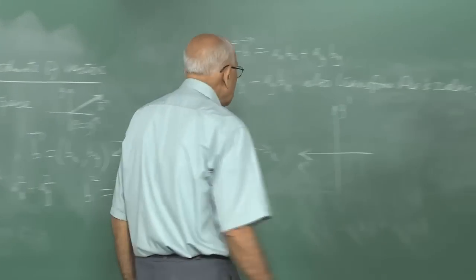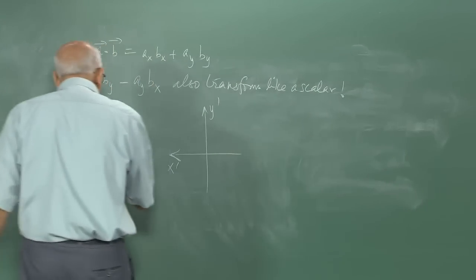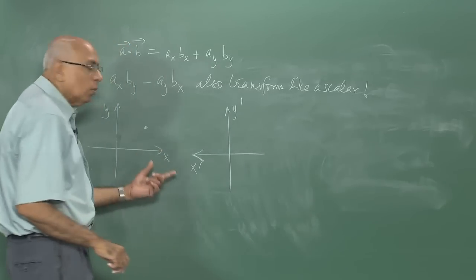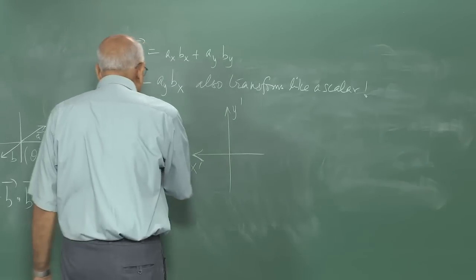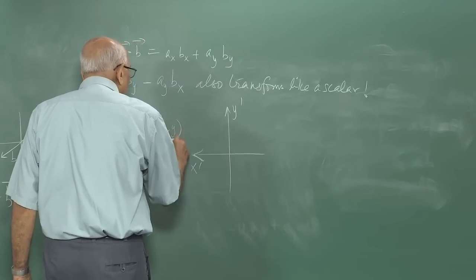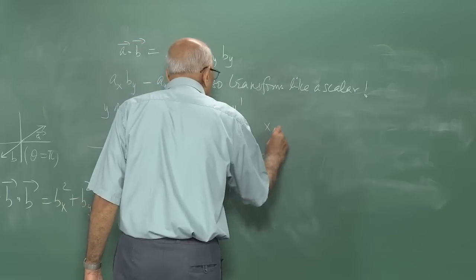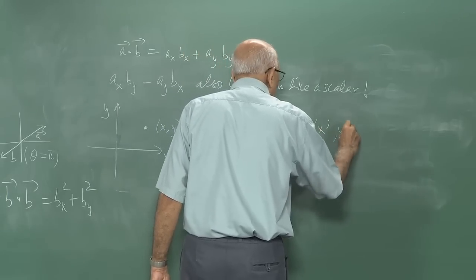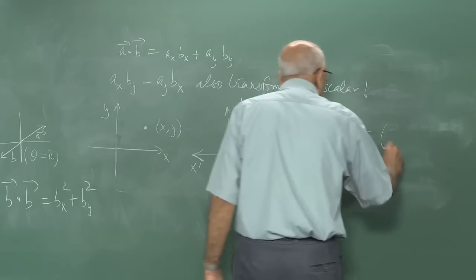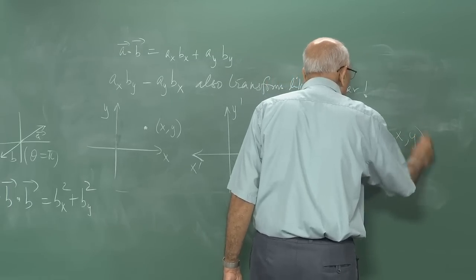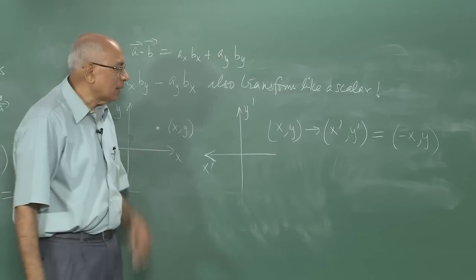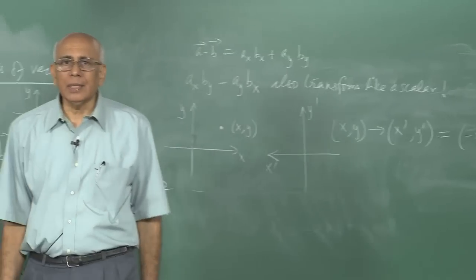The transformation here is to say that a point with coordinates x and y in the new coordinate system would have x prime, y prime equal to minus x, y. So the x coordinate gets reflected, but the y coordinate does not change at all.